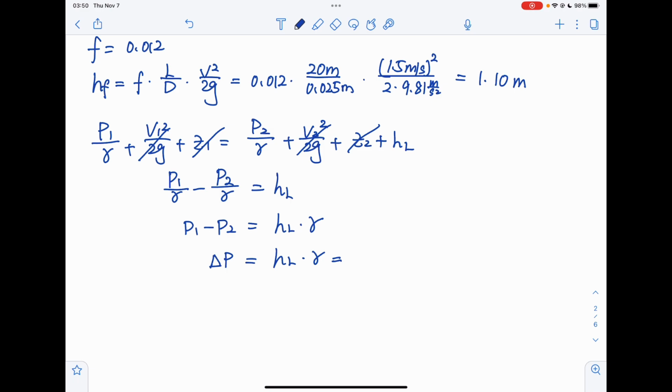So the head loss is 1.1 meters times 999 times 2 times g, and the pressure difference is going to be 10.8 kilopascals.